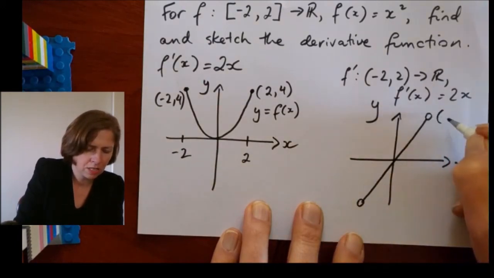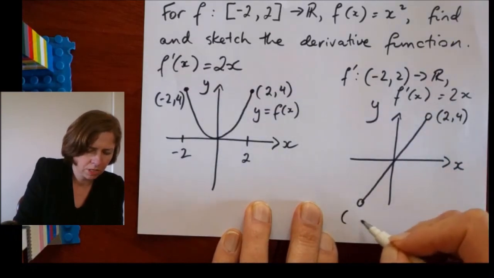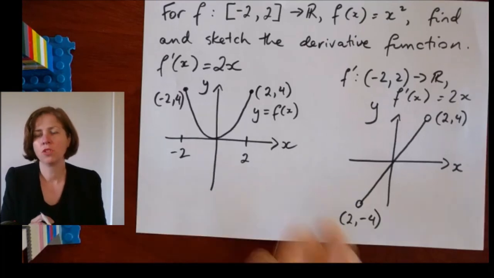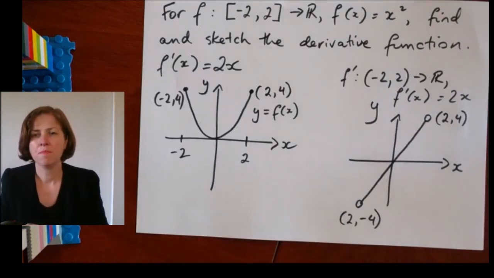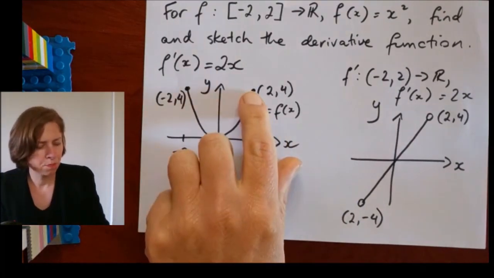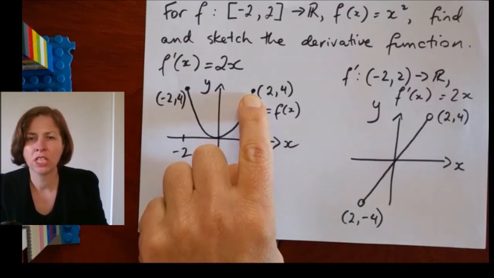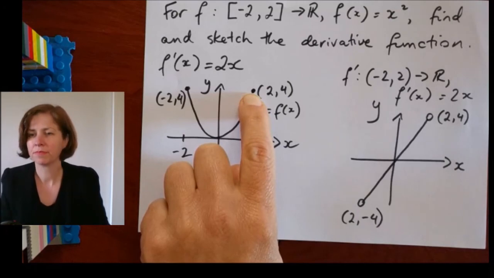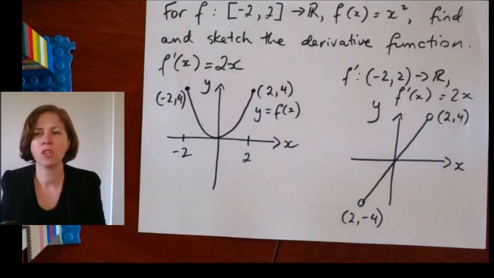This is going to be the point 2, 4. This is going to be the point 2, -4. Open circles at the end of the domain, because on the end points, this graph is no longer continuous. Therefore, it's no longer differentiable. And that's the end of our video on differentiability.